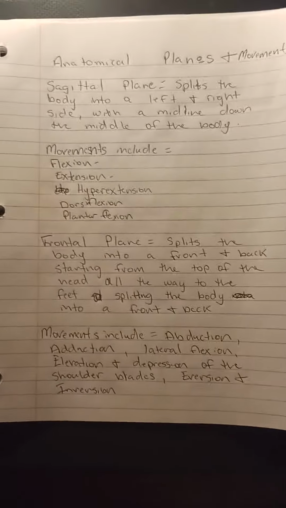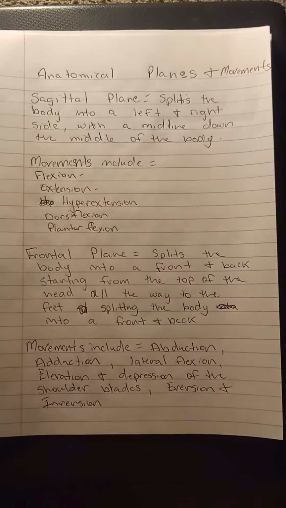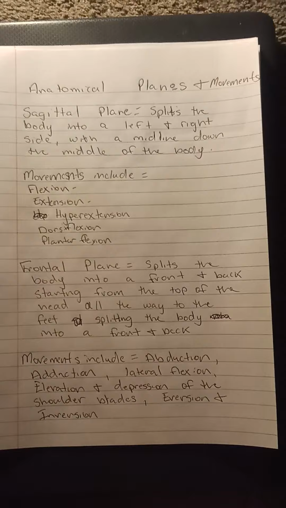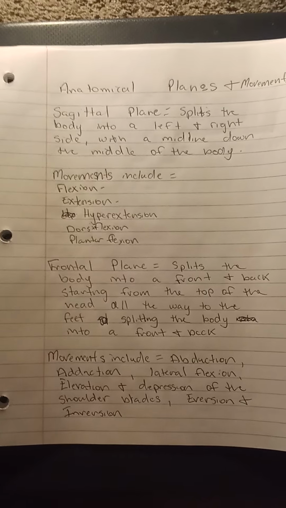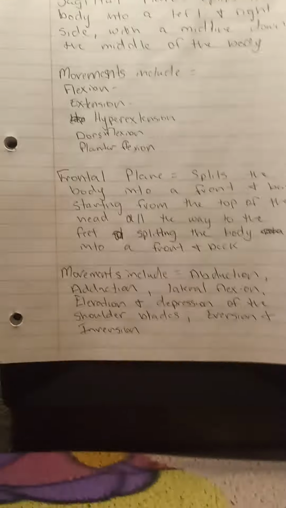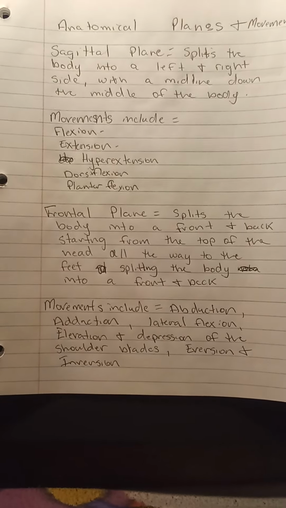And the next plane is the frontal plane. The frontal plane splits the body into a front and back, starting from the top of the head all the way down to the feet. So it gives you a front and back, like anterior and posterior.